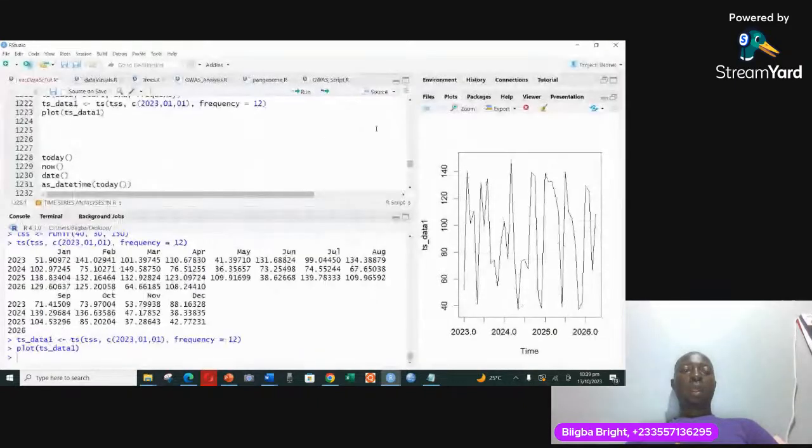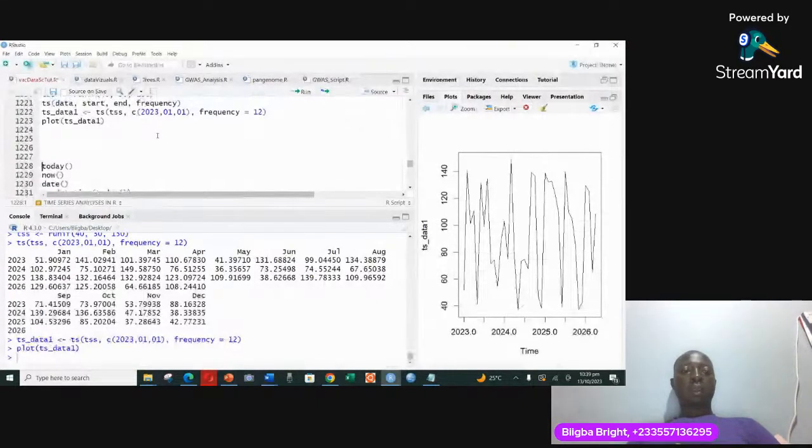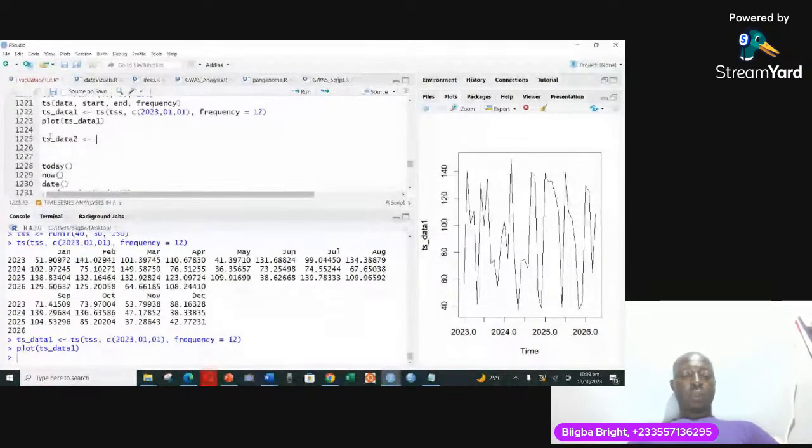Now we could have gone ahead to say that, okay, let's assume that I have my second one and I'll call that one my time series data 2. And then in that case, I'm simply going to use this particular function. I'm going to copy this. It's the same thing that I'm going to use, but this time around with a different frequency.